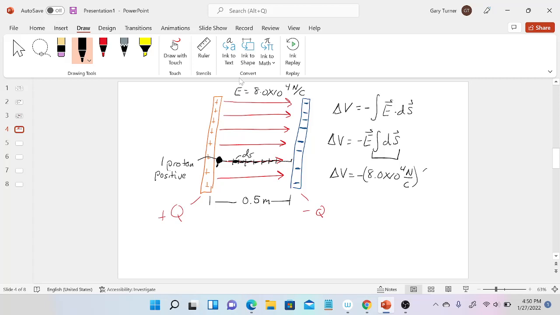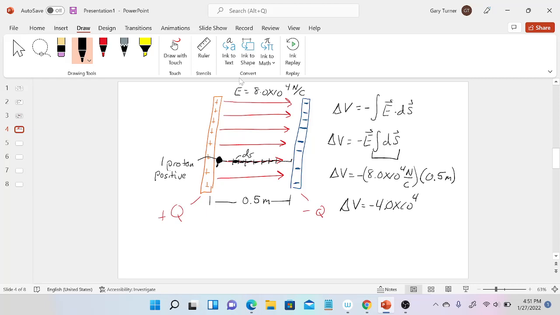The integral of ds is just going to be 0.5 meters because it's just the length between the two. And as a result, 0.5 times 8 is going to be 4. So my change in potential is going to be negative 4.0 times 10 to the fourth.